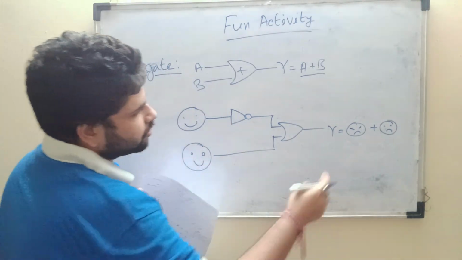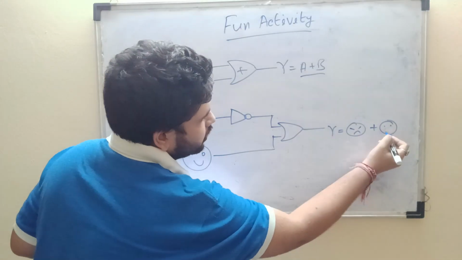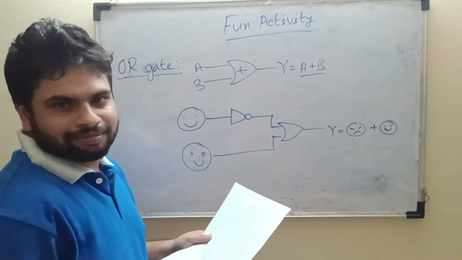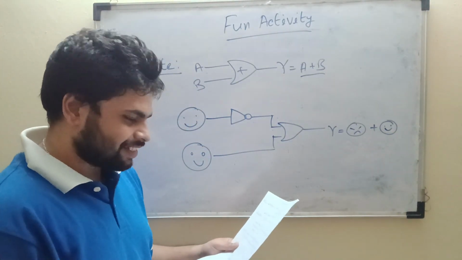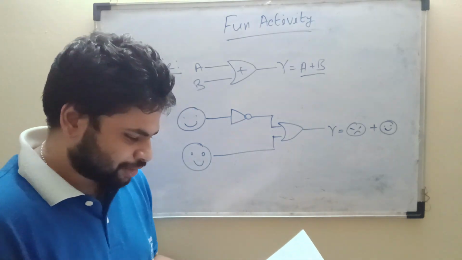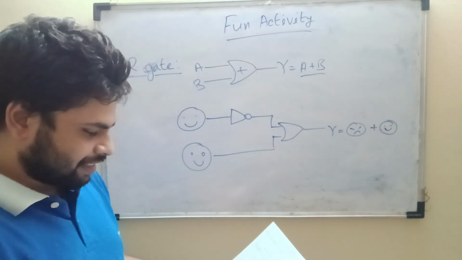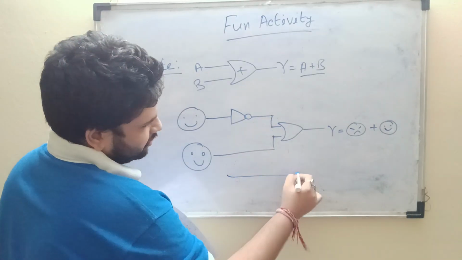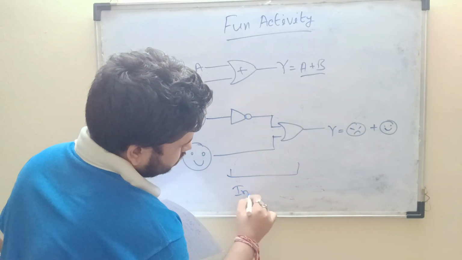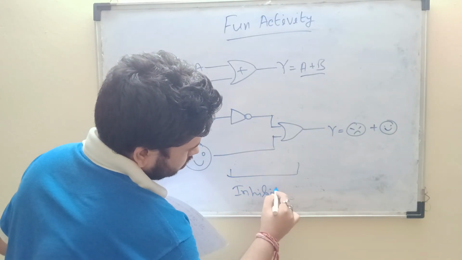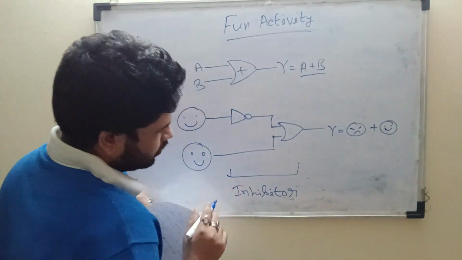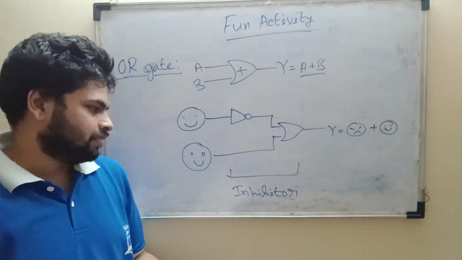So it becomes, okay, fine, he's my own, so what. This is called an inhibitor, which restricts something.